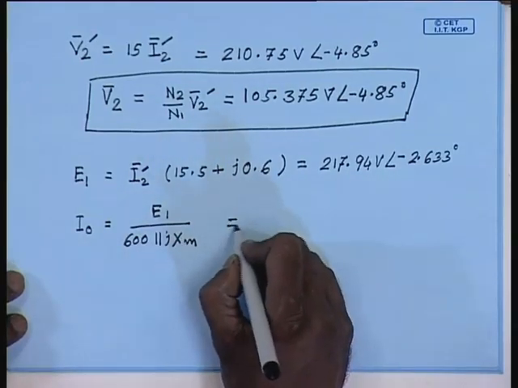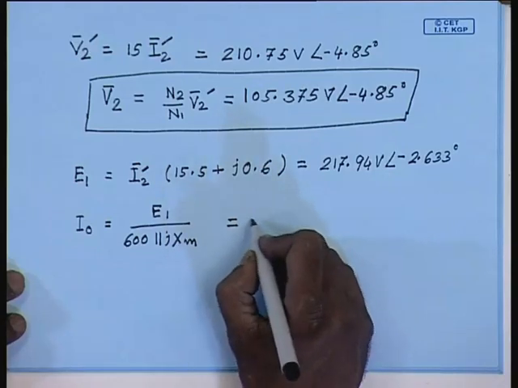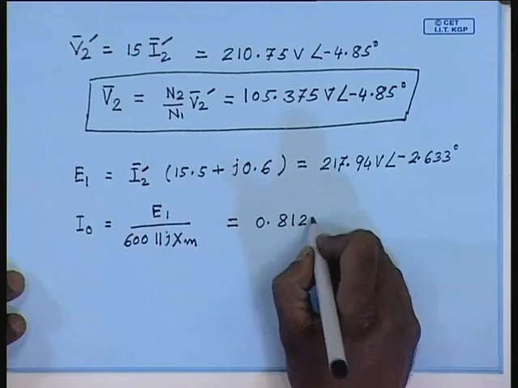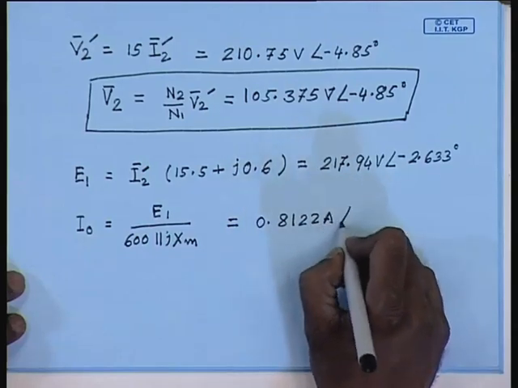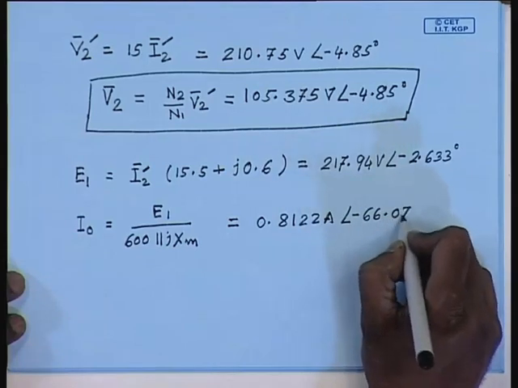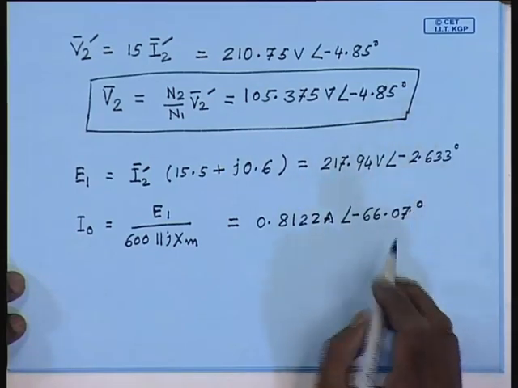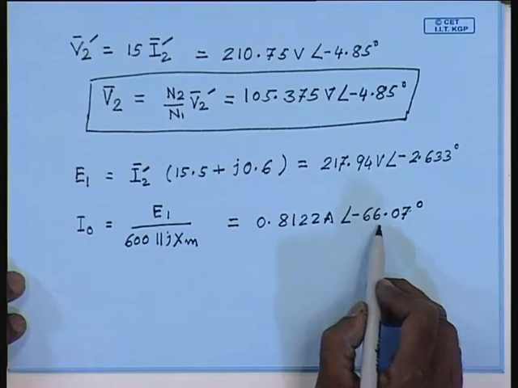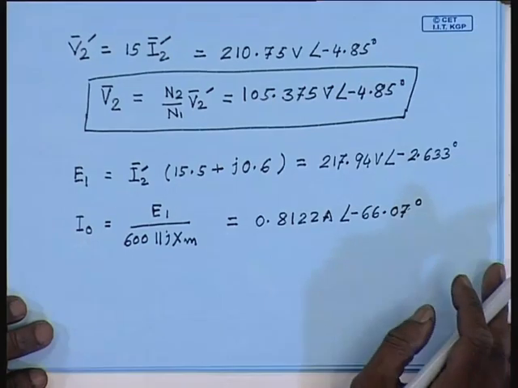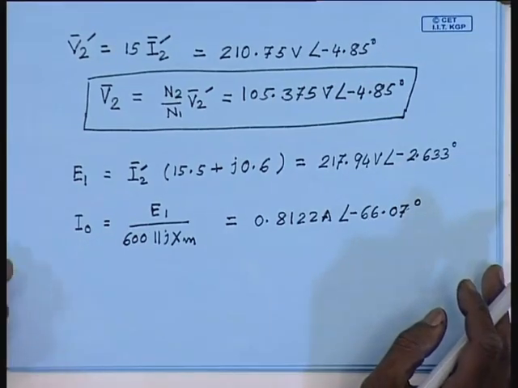Hence, if we compute, I0 will come to be 0.8122 ampere at an angle of minus 66.07 degrees. This is the phase angle with respect to the primary applied voltage V1, since that is what we have assumed to be our reference phasor with angle 0.